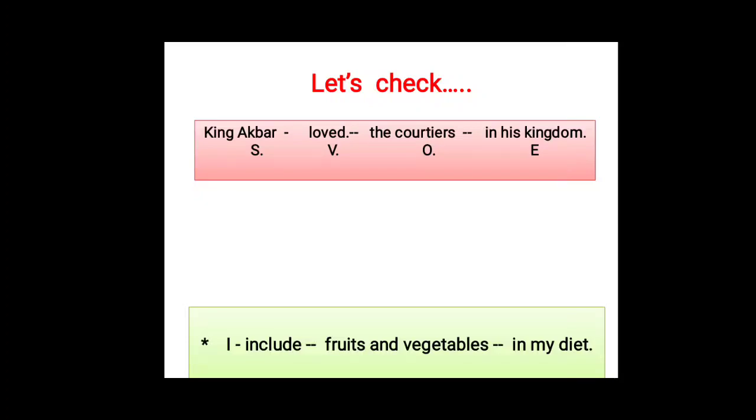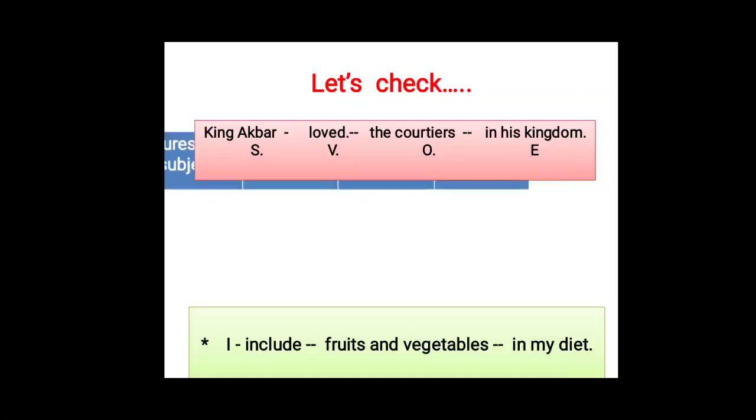In his kingdom, the extension. Next sentence: I include fruits and vegetables in my diet. Who are we talking about? I, subject. Verb, include. Include what? Fruits and vegetables. That is the direct object. In my diet is the extension.